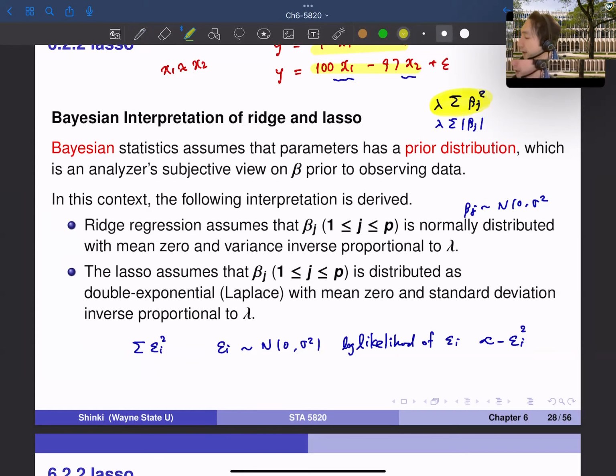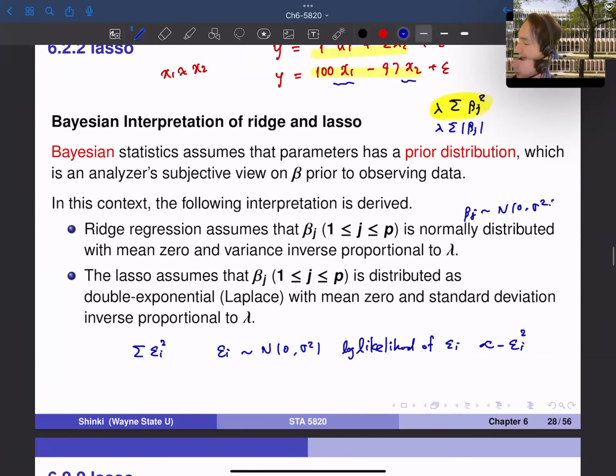That means we assume beta j is somewhere close to 0. If beta j is very large, or a very large negative value, we penalize it. And lambda is a function of the variance of beta.